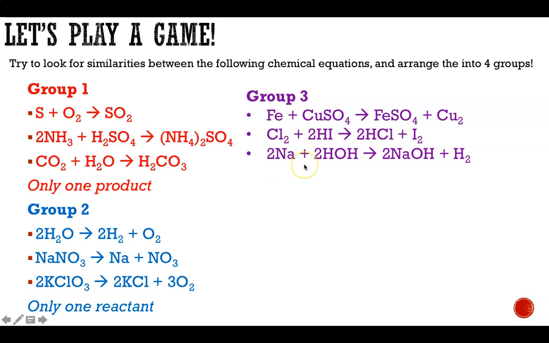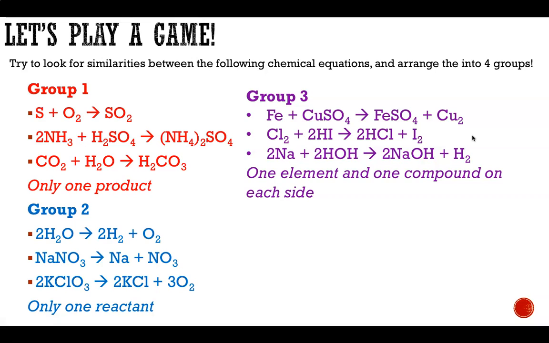Sodium's all by itself. So it looks like we're starting with something that's all by itself, which is a single element, and a compound, and then it switches. That element comes into the compound and bumps something else out to be on its own. So we have 1 element and 1 compound on each side.